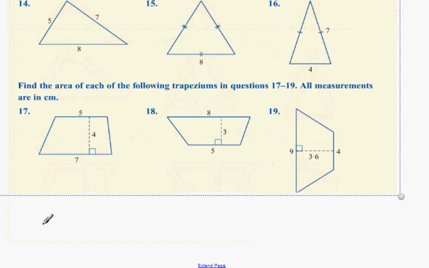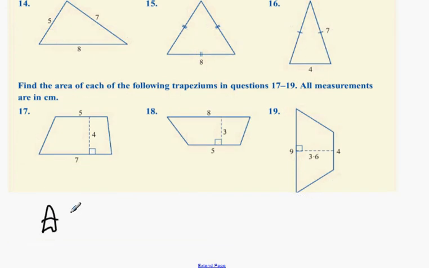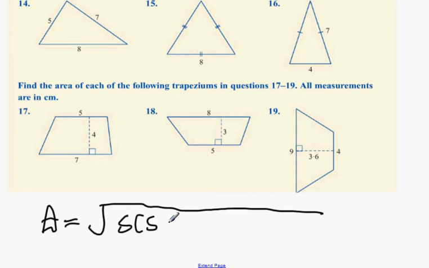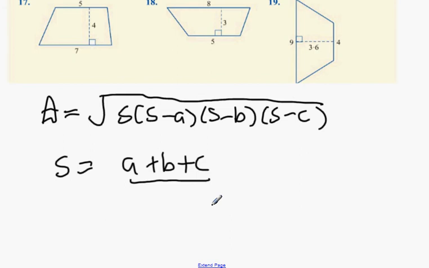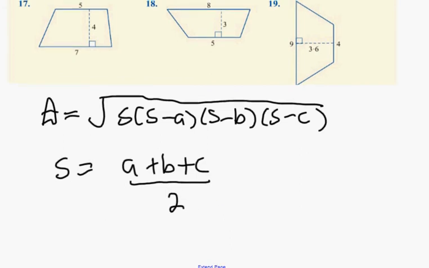To get what S is, S is all the sides added together, divided by 2. Okay guys, to get the area, here's what we do.